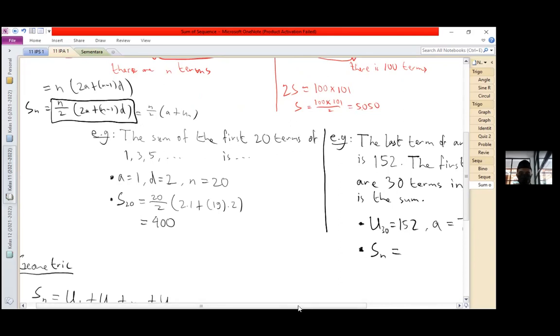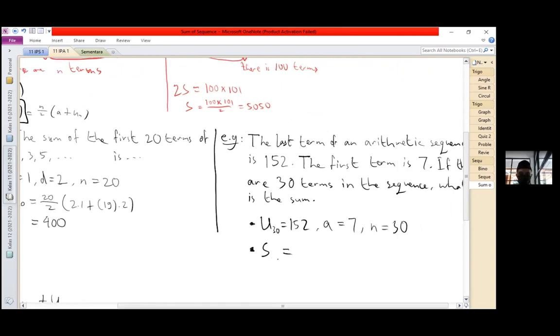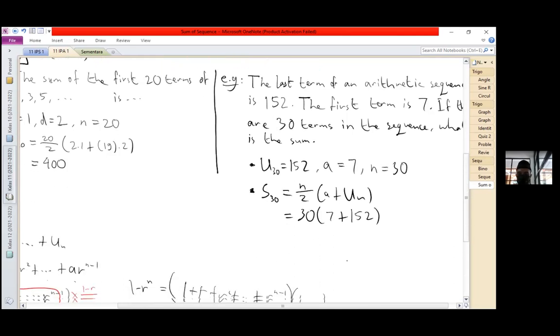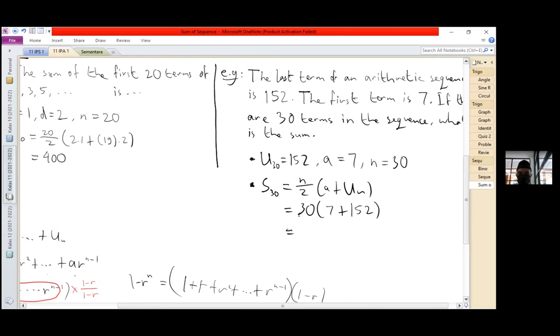So S30 equals n over 2 times (A plus Un). n is 30, A is 7, and Un is U30, which is 152. So 30 divided by 2 times (7 plus 152). You just need to calculate this one.